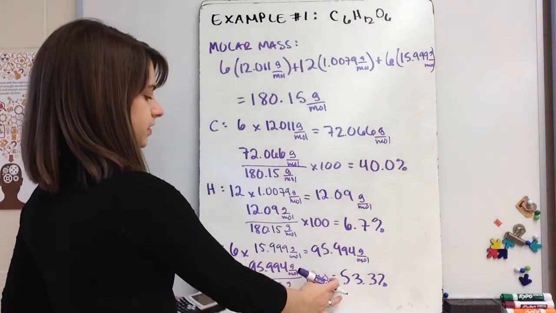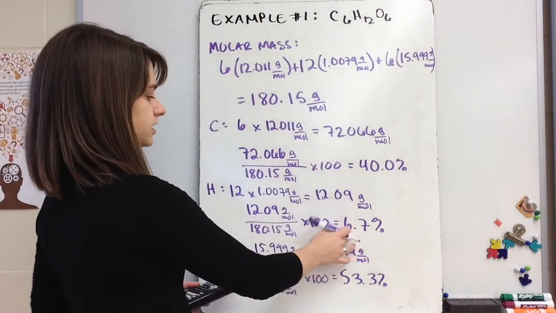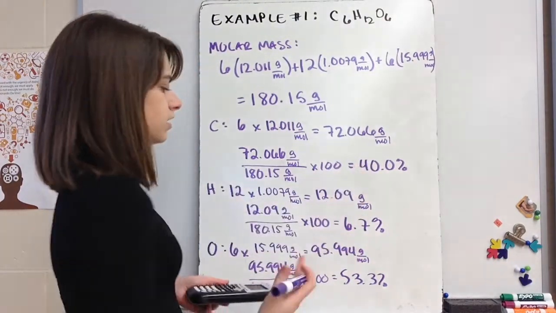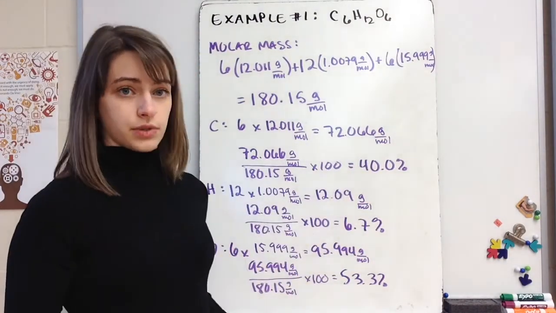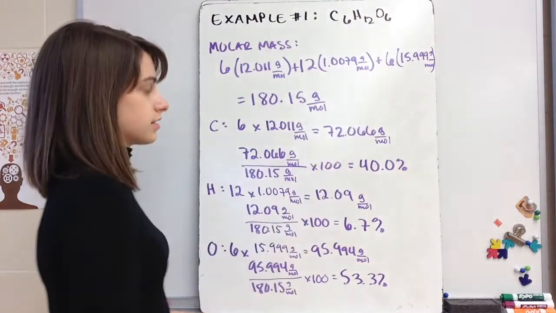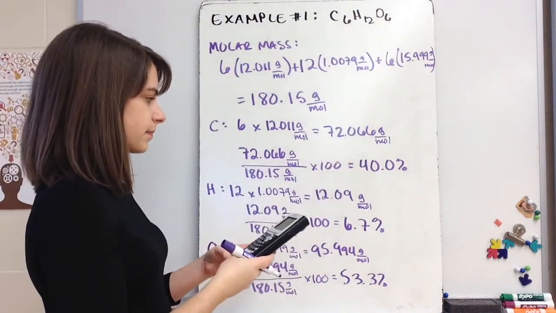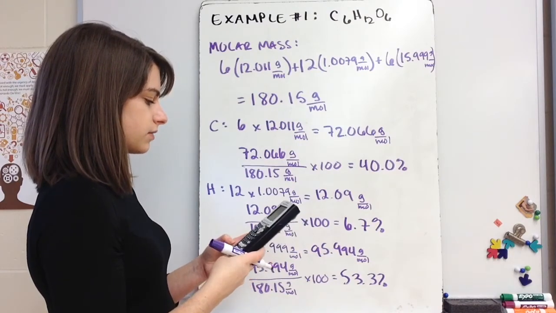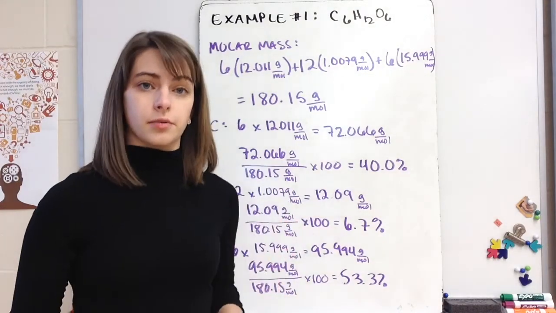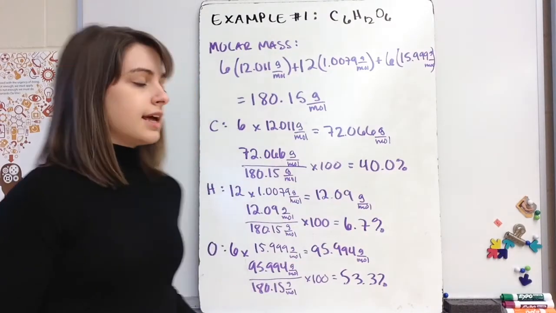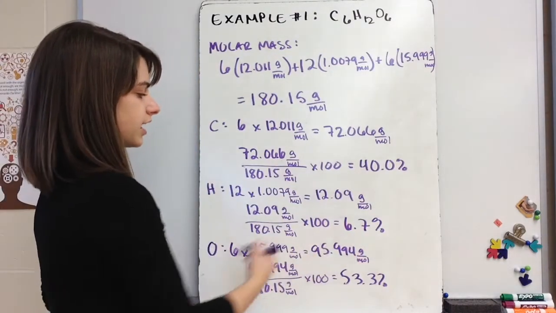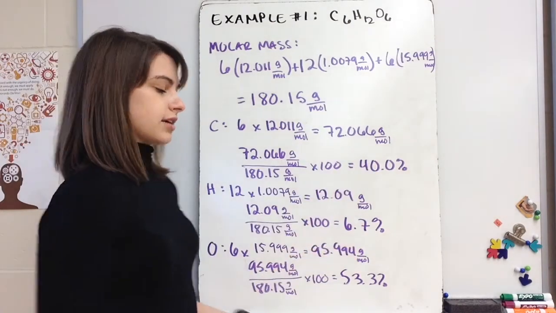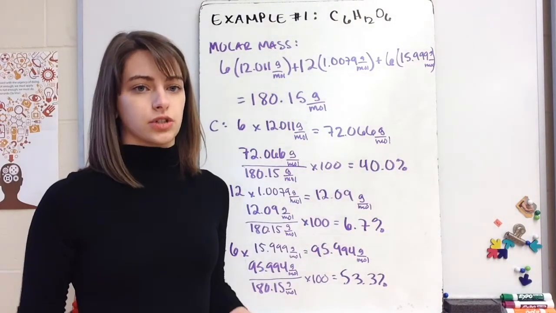So 53.3% of the mass is oxygen, 6.7% of the mass is hydrogen, and 40% of the mass is carbon. So those should all add up to 100% because nothing else is in this compound. So if I do 40 plus 6.7 plus 53.3, I get exactly 100%, which is what I should get. Now, instead of calculating oxygen the long way, I could have just added these up and then subtracted from 100 because I knew that the remaining percent should be oxygen.